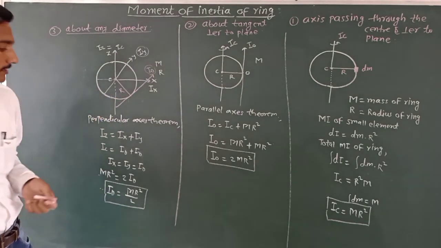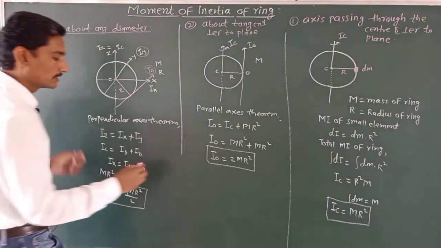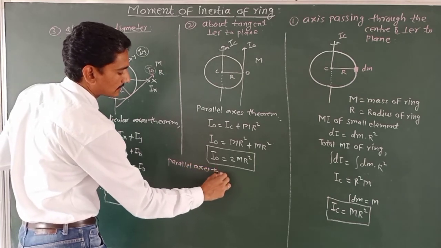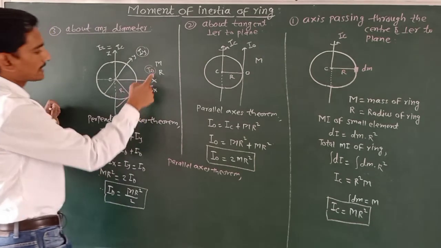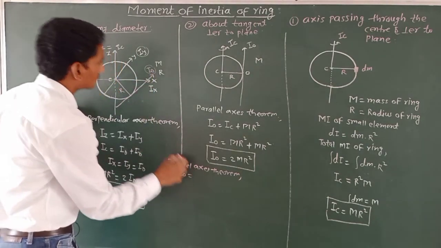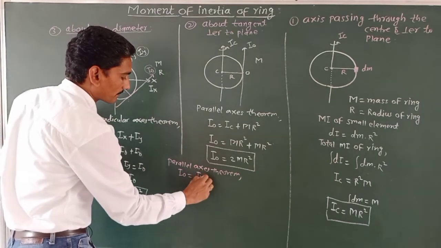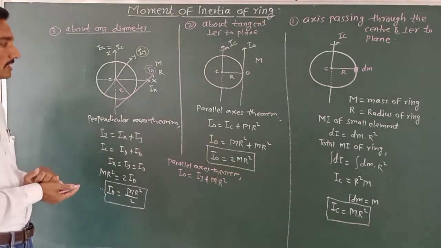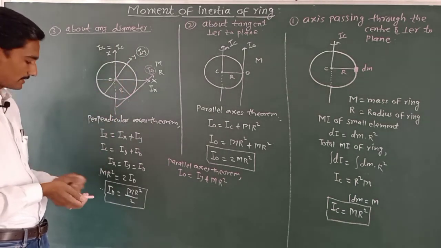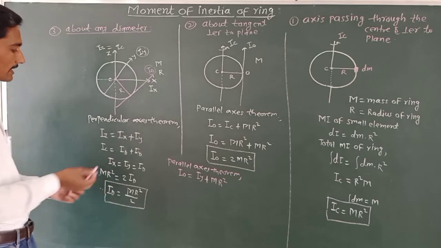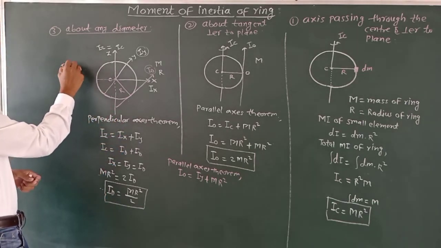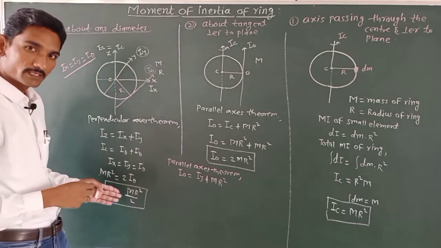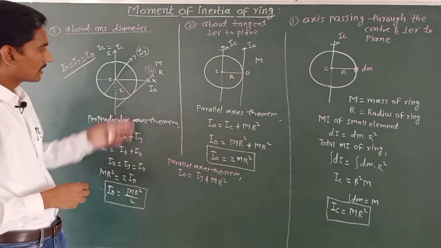By using the parallel axis theorem, we can write IO equals Iy plus mr square. But Iy is the moment of inertia about any diameter, and we have the relation for that, that is Ix equals Iy equals Id, which we already determined for the moment of inertia of a ring about any diameter.